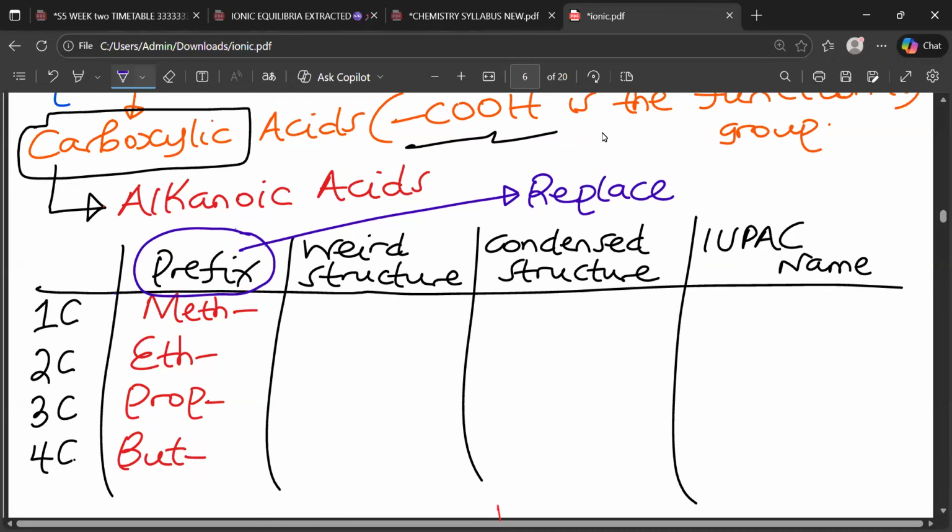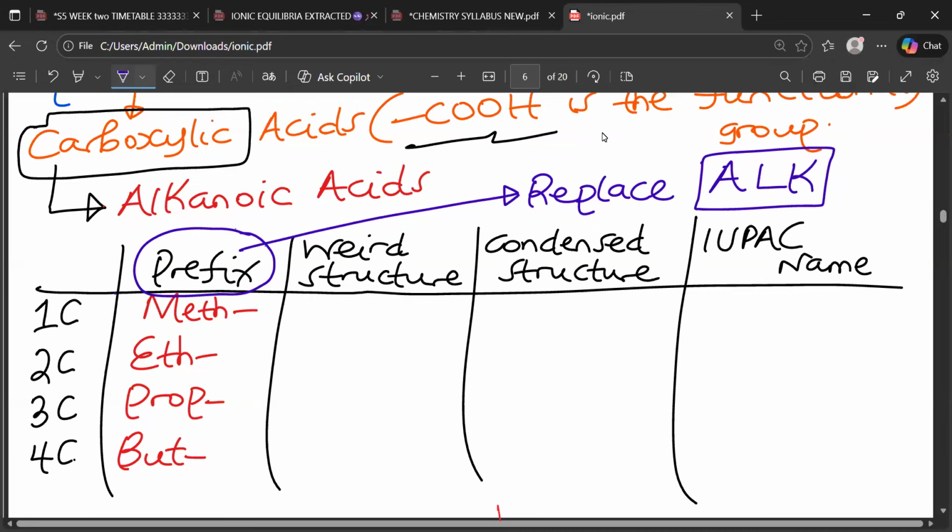For me, I want to know, what does meth replace? What does eth, what does prop replace? ALK. Exactly, that's what I wanted. Thank you, sir. They replace alk.